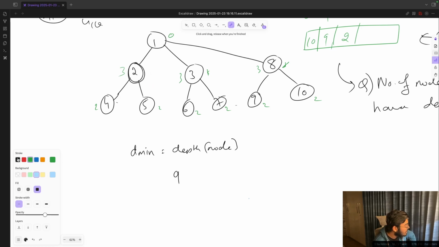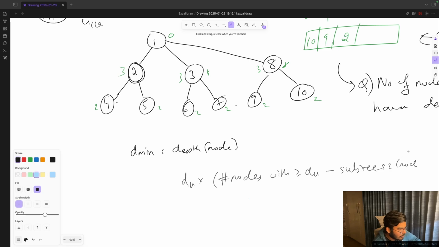So I can easily calculate it in big O of 1 time as the depth of node, let's say it is node u, times the number of nodes with depth greater than or equal to d of u, minus the subtree size of node u.